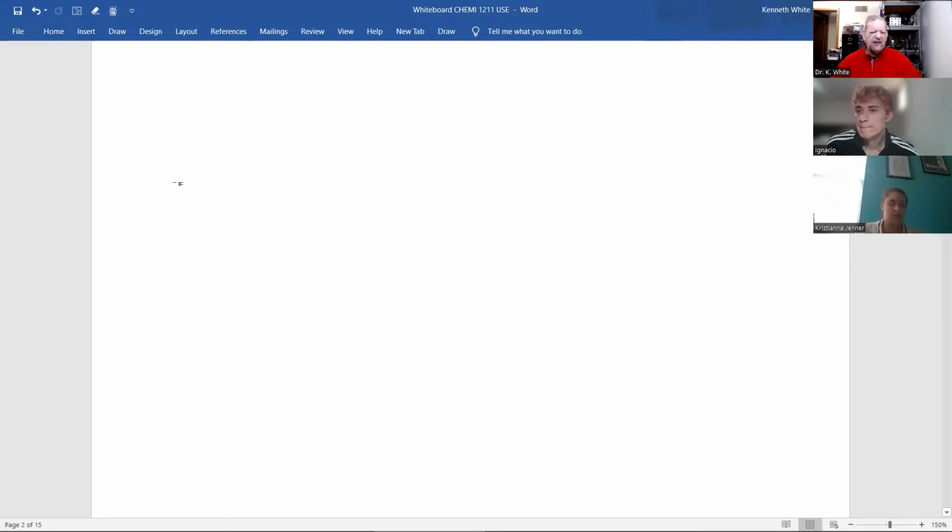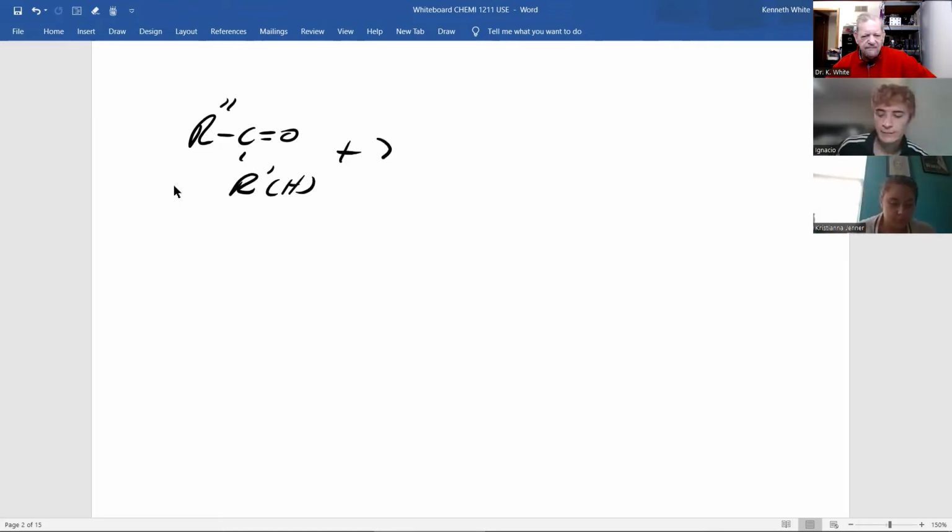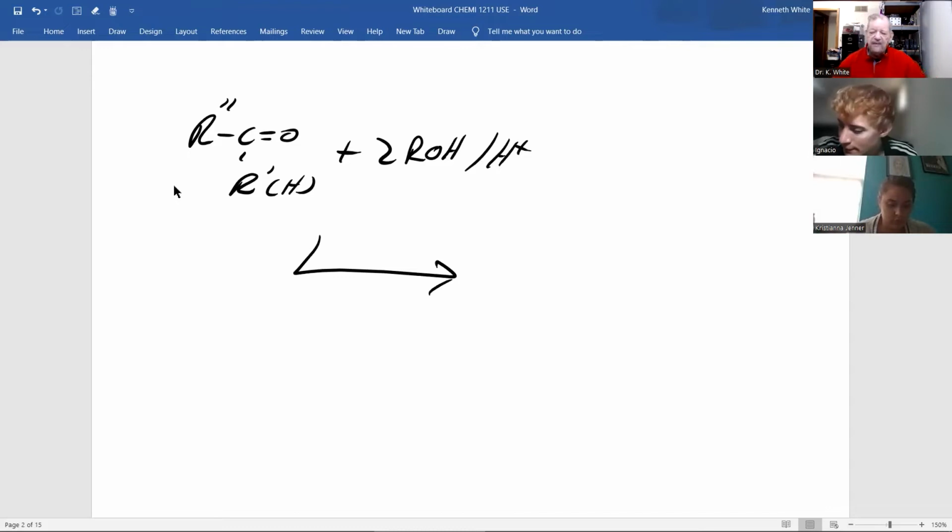All right, next reaction I'd like to go over is this one. Now, if we take an aldehyde or ketone, when R prime is hydrogen, it's an aldehyde.